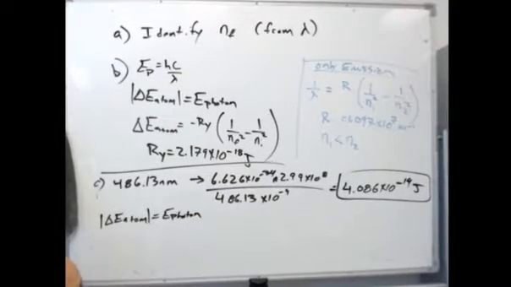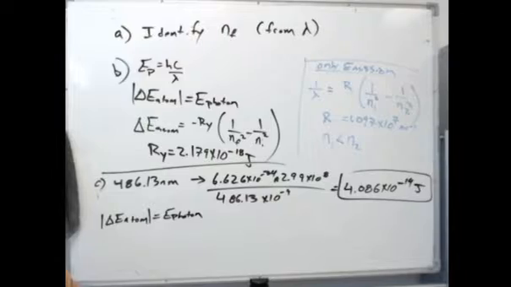And this is where we have to do a little bit of thinking. We actually want to know whether the change of the energy of the atom is positive or negative. Since this is emission, it should be negative.